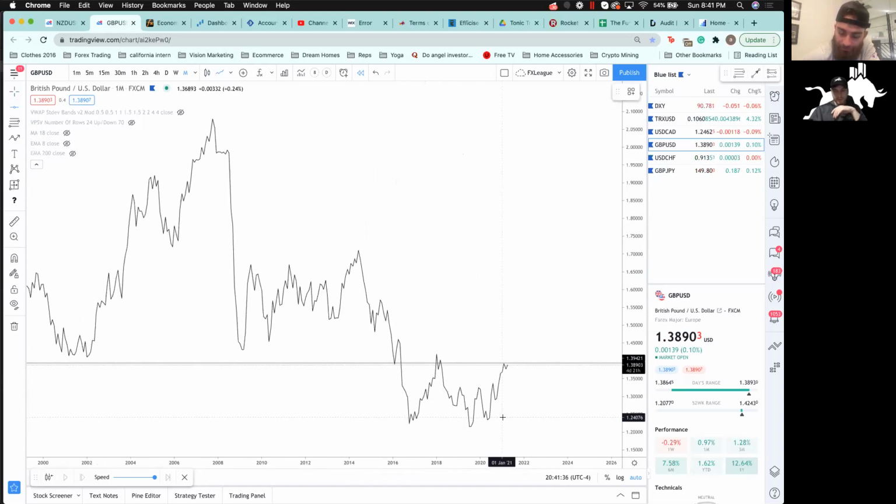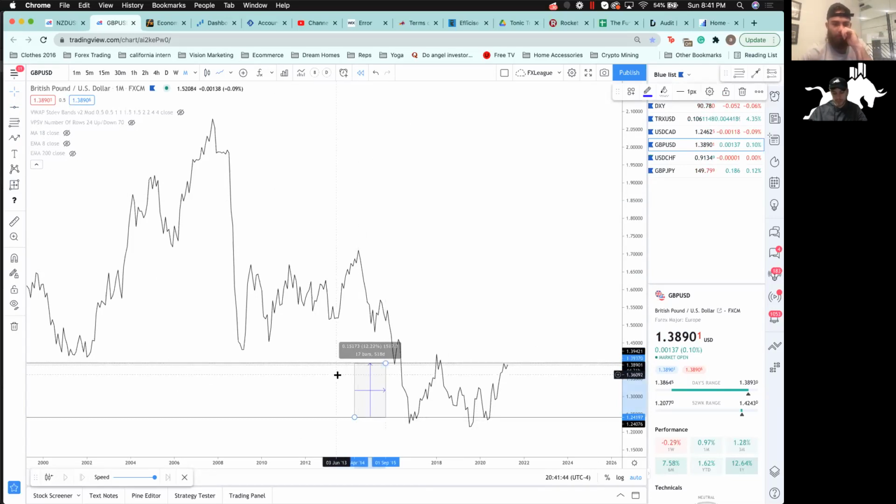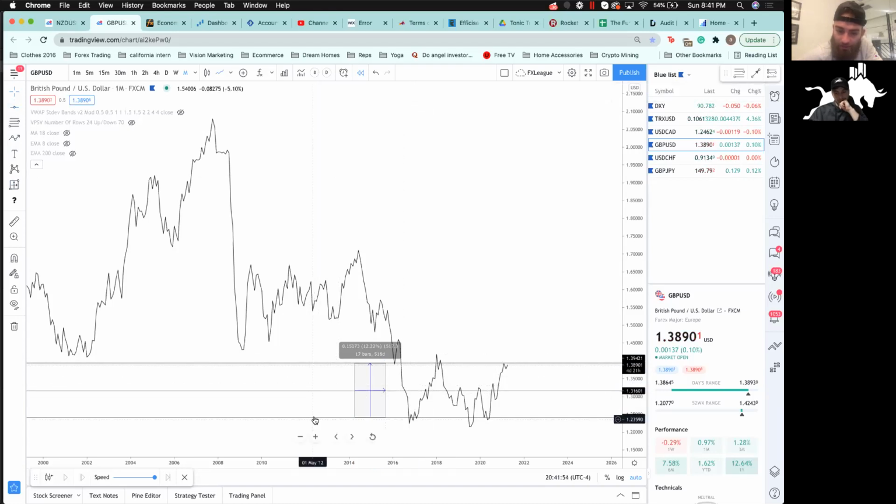So I'm just going to mark my next support level all the way down here. We don't need to be too concerned about it because price is literally 1,500 pips away from this area. So obviously, I'm not going to be too concerned with price all the way down here.